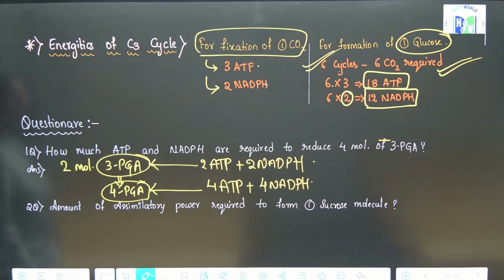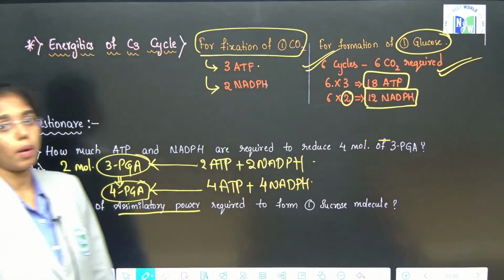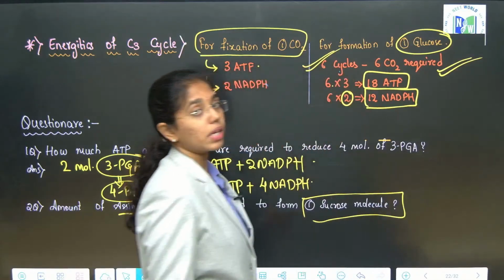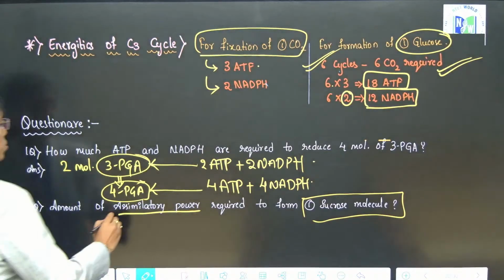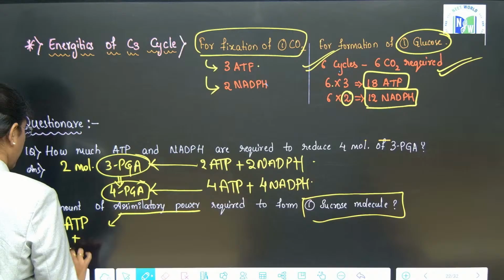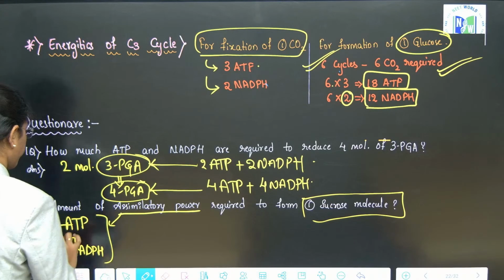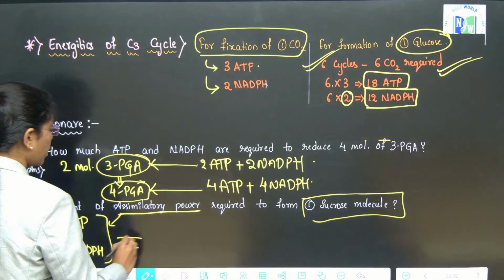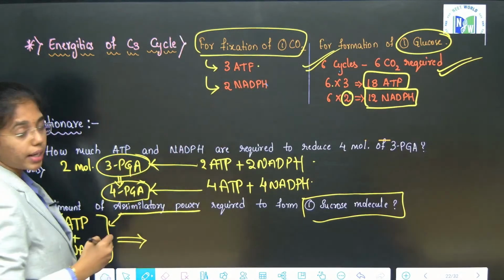And then what is the amount of assimilatory power that is required for 1 sucrose formation? When the term assimilatory power is mentioned, remember it is used for both ATP and NADPH. For formation of 1 sucrose, it will be double that of glucose. Glucose is 18 ATP and 12 NADPH.